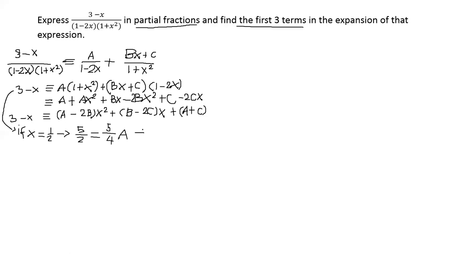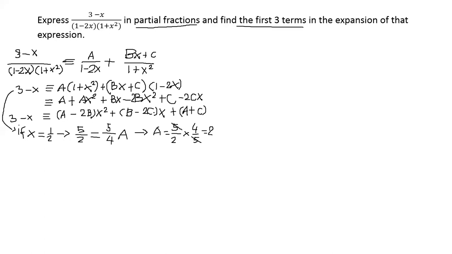So we may calculate a. Yeah, 5 halves times 4 over 5, becomes 4 divided by 2 equals 2. So a equals 2.